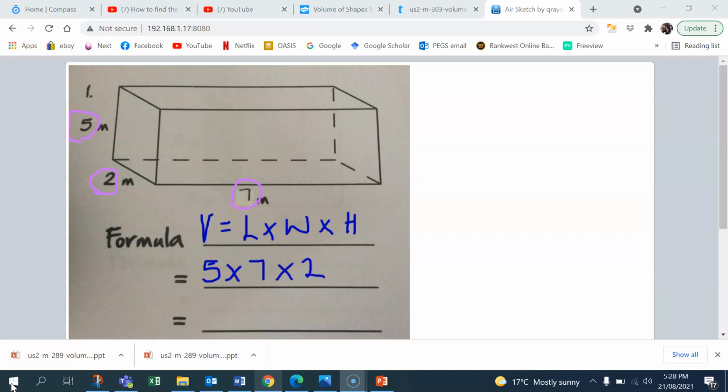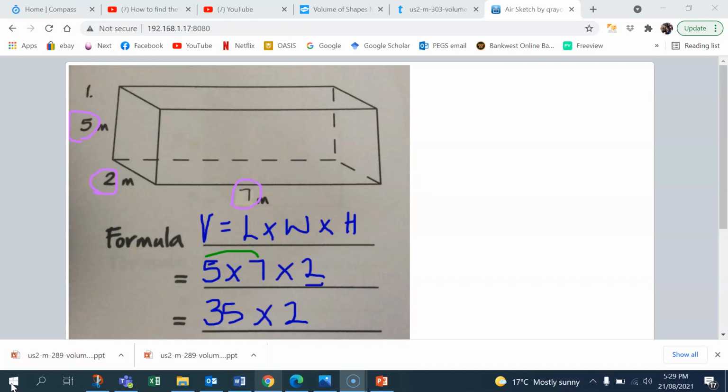Okay, first thing I'm going to do is work out how much 5 times 7 equals. Now there's a couple of strategies that you can use for working this out. If you don't know your 5 times tables, you can skip count by 5 7 times, 5, 10, 15, 20, 25, 30, 35. Okay, so the first part has been calculated, 35, but we still need to multiply with the 2.